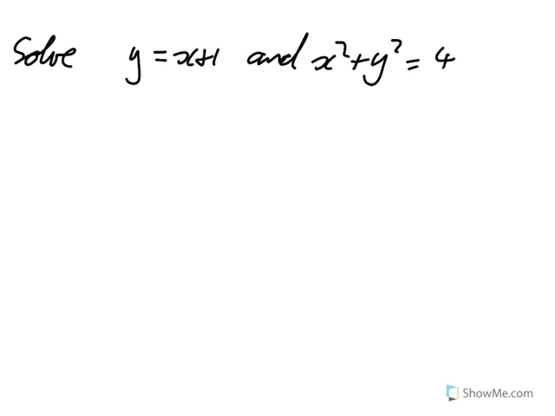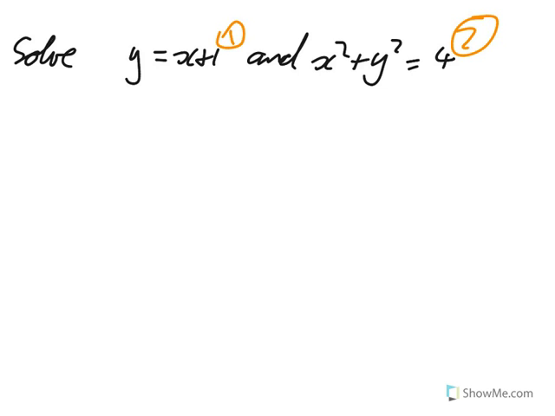Okay, so here's our two equations. We've got y equals x plus 1 and x squared plus y squared equals 4. So again, we can use the substitution method. With both of these, the substitution method's the one we need to use because we've got that quadratic element, that squared element.